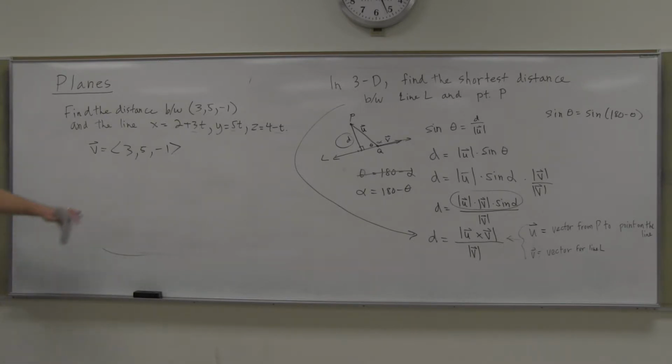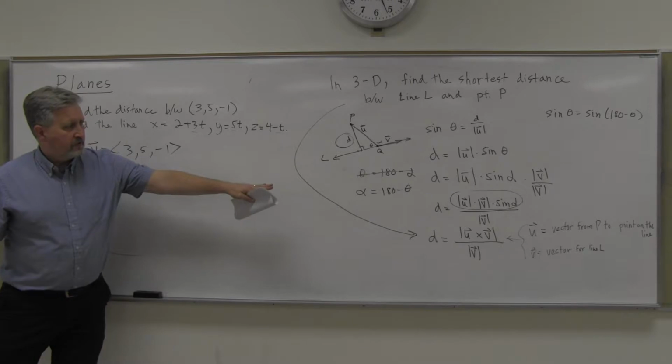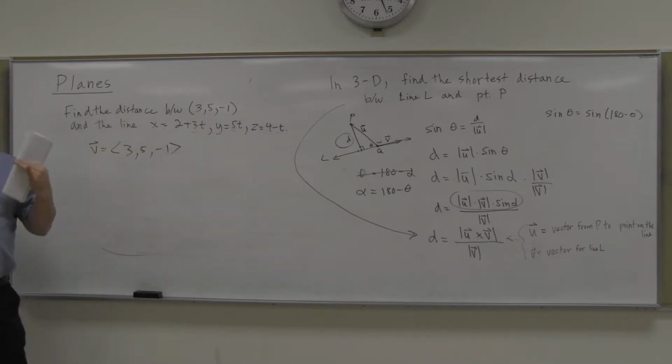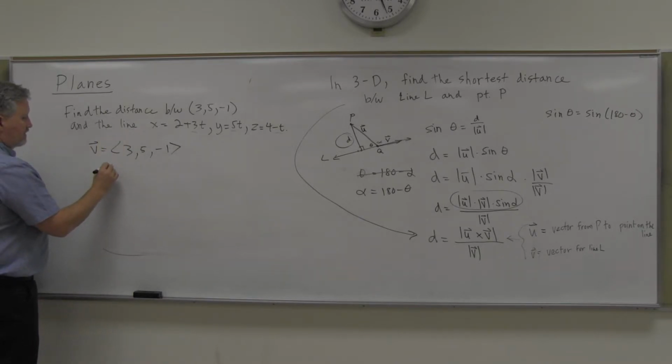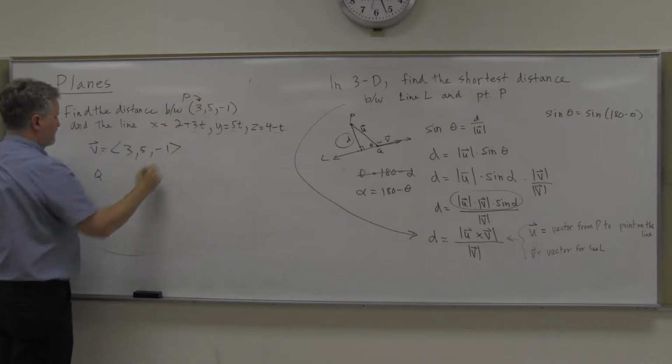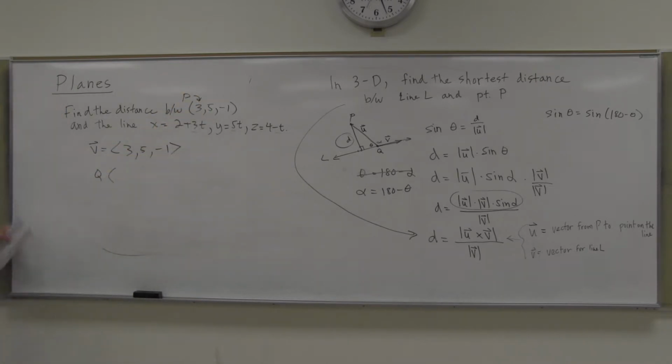Easy enough. Now, for u, we've got point P, so we need a point Q on the line here. So this is point P. So what about point Q? Q is just a point on the line.